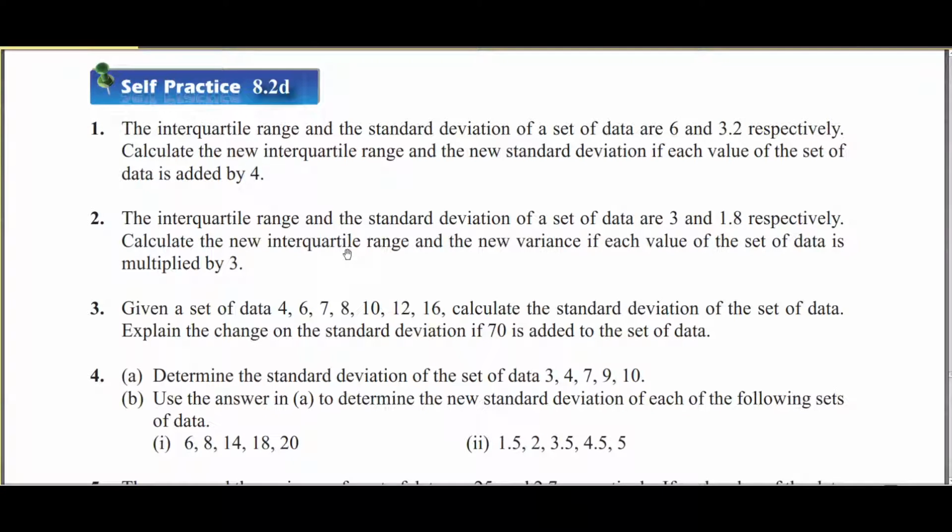For number 2, we give the interquartile range and standard deviation, so 3 and 1.8, and then we need to calculate the new interquartile range and new variance. Okay, we give the standard deviation, we need to find the new variance if the set of data is multiplied by 3. So you use another formula.